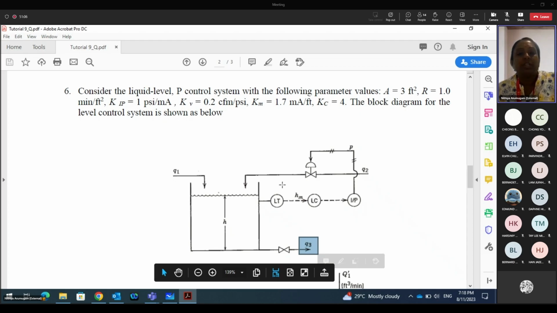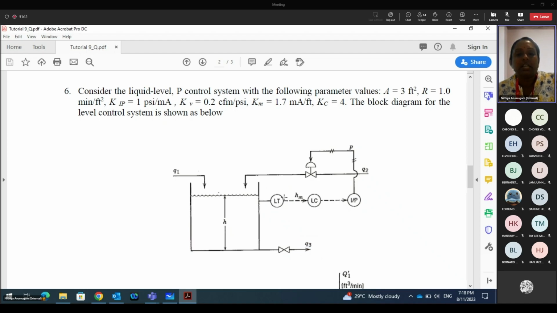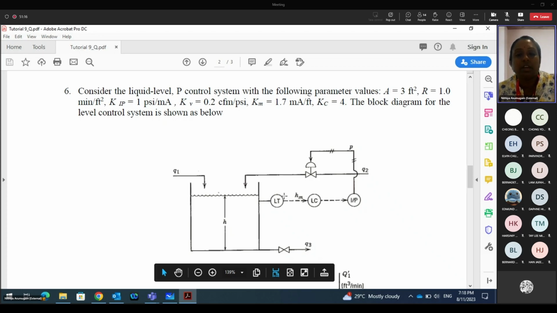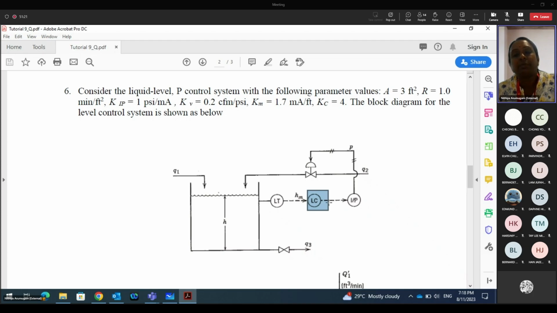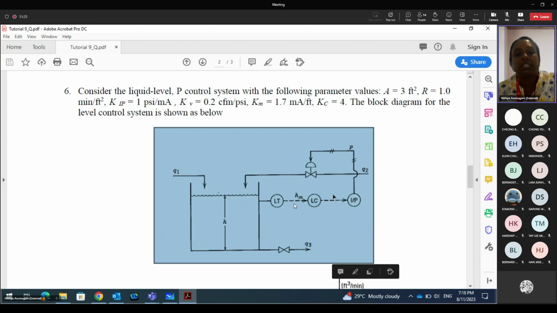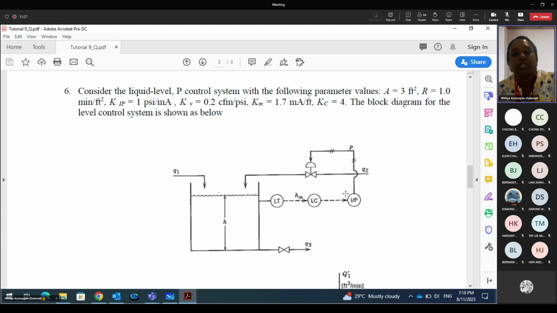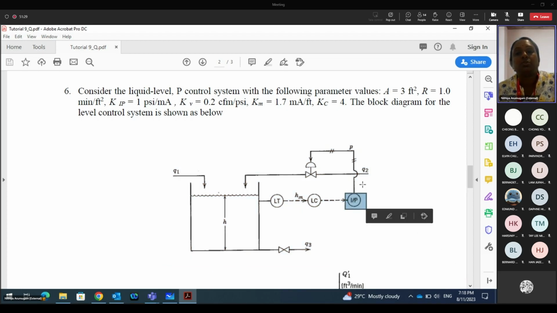So what we'll do, the level transmitter basically will get the signal, read the value, whether it is as per the set point. So the controller will receive the signal from the transmitter. From the transmitter, an electrical signal will be passed to the IP transducer, and the electrical signal will be converted to pressure readings.